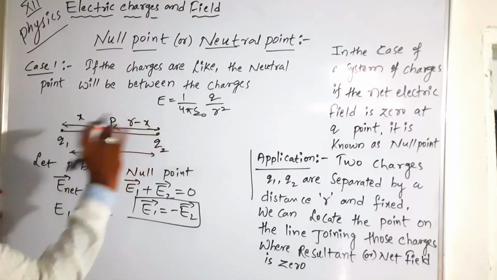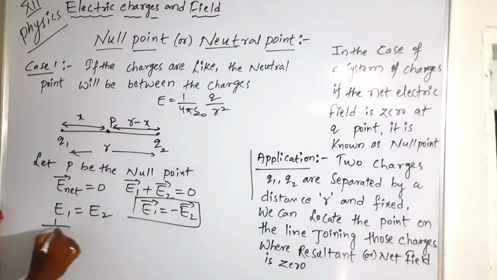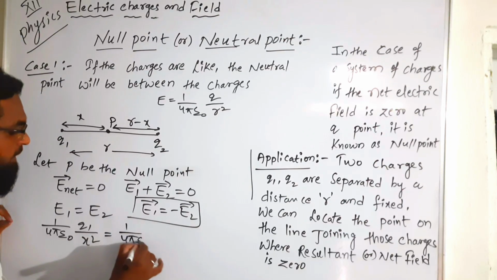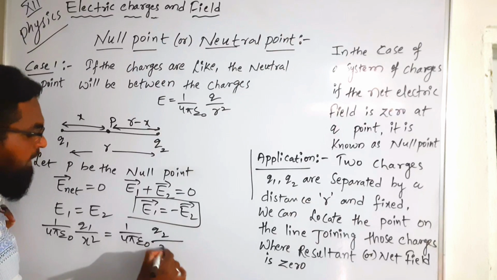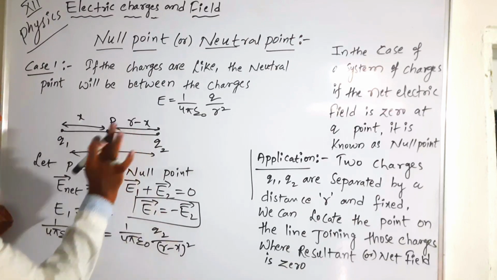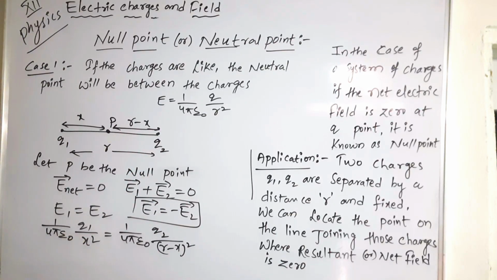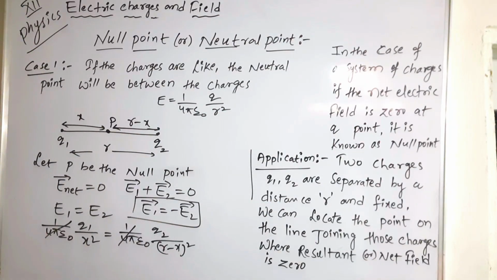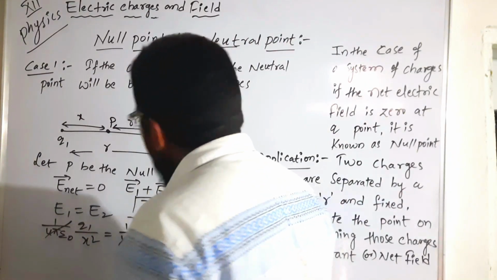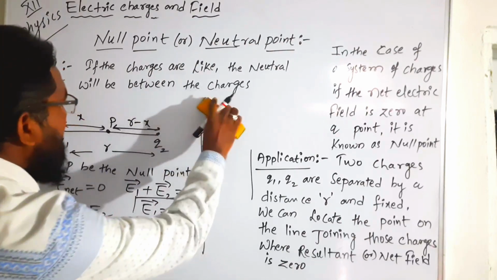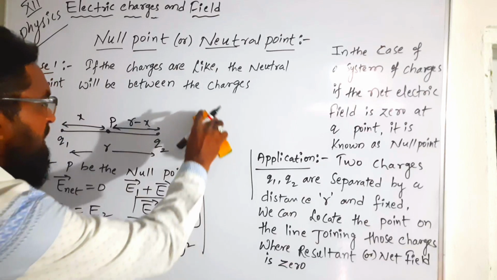Now E1 equals 1 by 4 pi epsilon naught Q1 by x square, and the second one, E2, equals 1 by 4 pi epsilon naught Q2 by R minus x whole square. So we are going to derive this. 1 by 4 pi epsilon naught cancels on both sides, students. The remaining thing is x, we don't know how much distance the null point is from the Q1 charge.